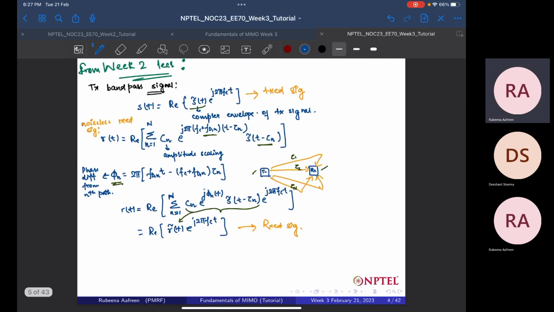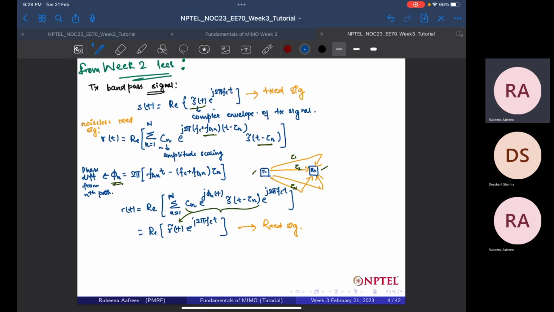This is the transmitted signal, and s tilde is the complex envelope. At the received side, the signal will be scaled by some amplitude.